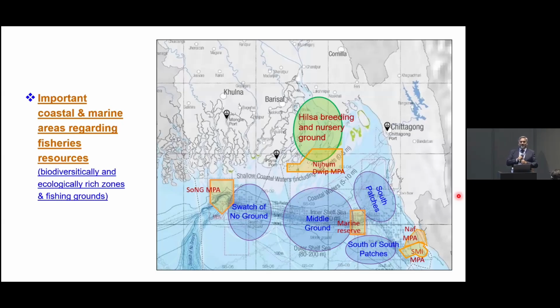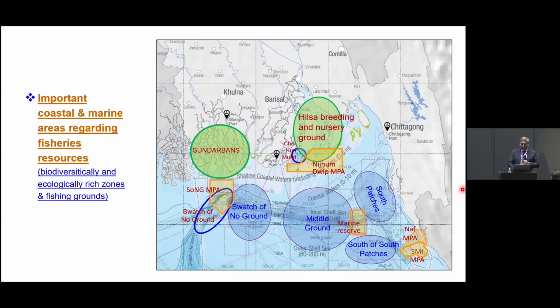This is a migratory fish, actually. It moves to the river water for breeding purposes. Then this is the Sundarbans area, the largest single-tract mangrove forest in the world. And this is another Swatch of No Ground, a submerged canyon with depths of almost 900 to 1200 meters in this area.